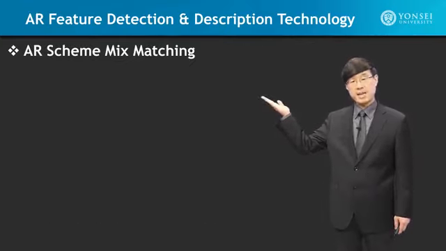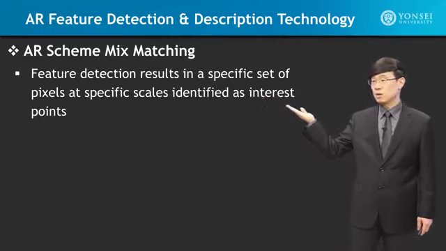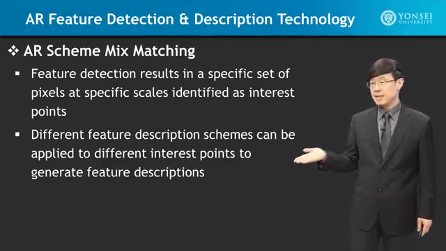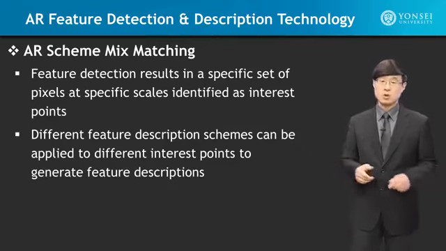AR scheme mix and matching. What do you mean by mix and matching? Well, feature detection results in a specific set of pixels at specific scales identified as interest points. Different feature description schemes can be applied to different interest points to generate feature descriptions.